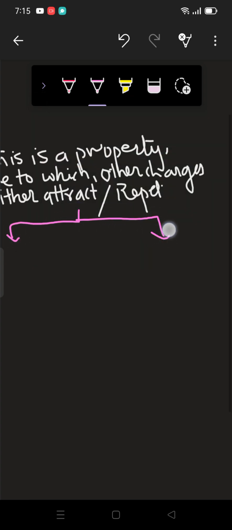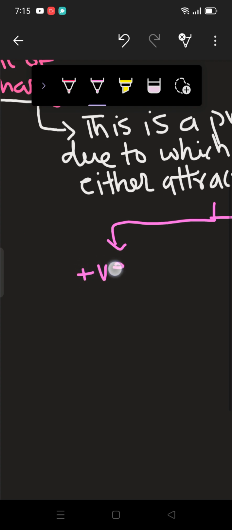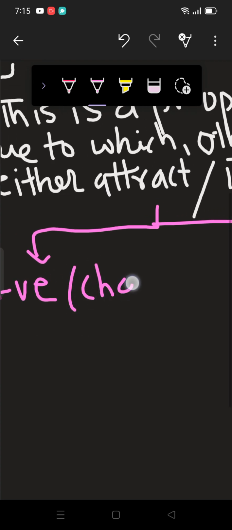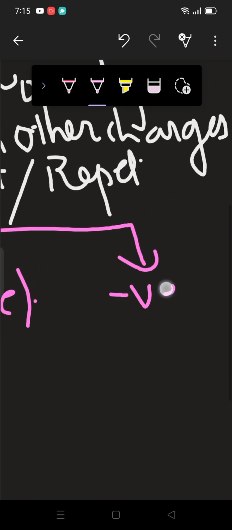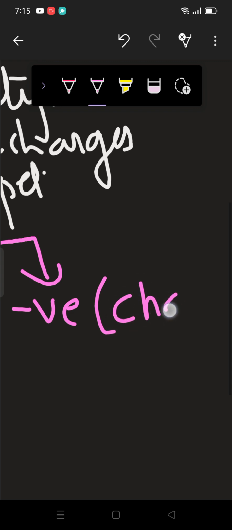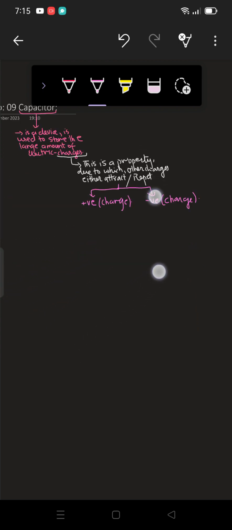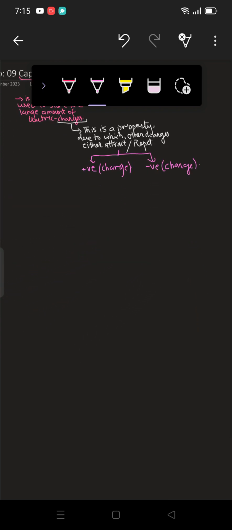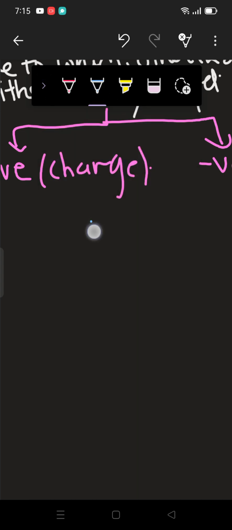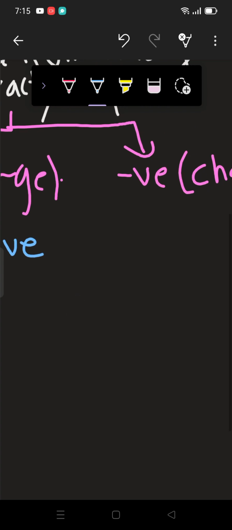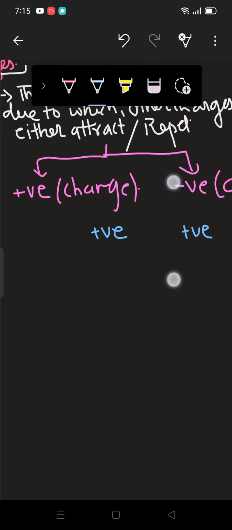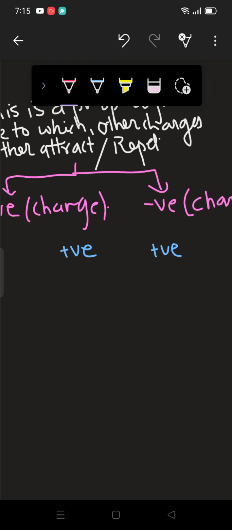Then we have two basic types of charges, positive and negative. This is a very important thing: which charges attract and which repel. Whenever you have the same charges, like positive and positive, they will repel.